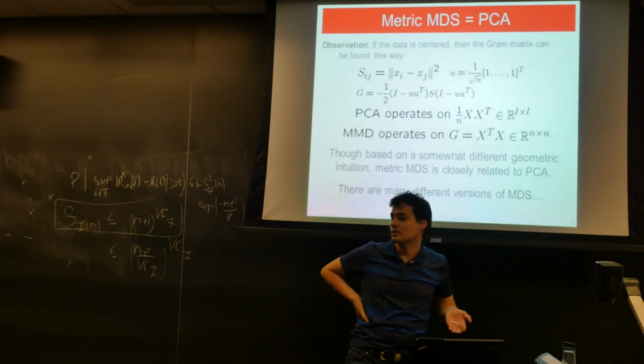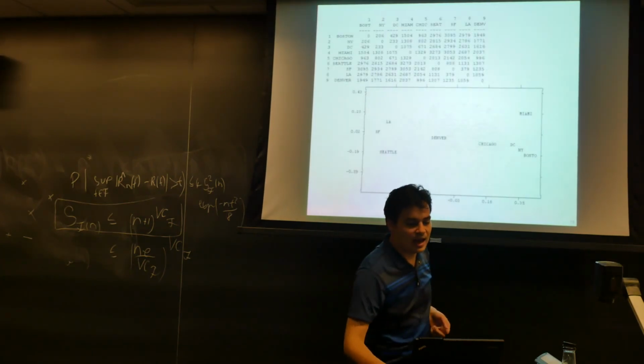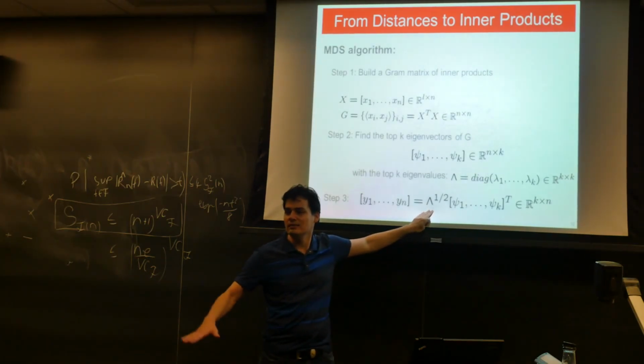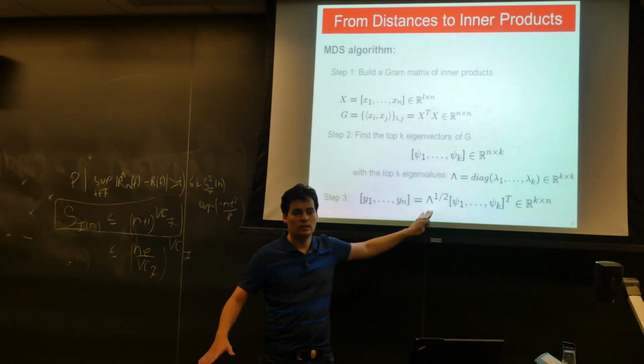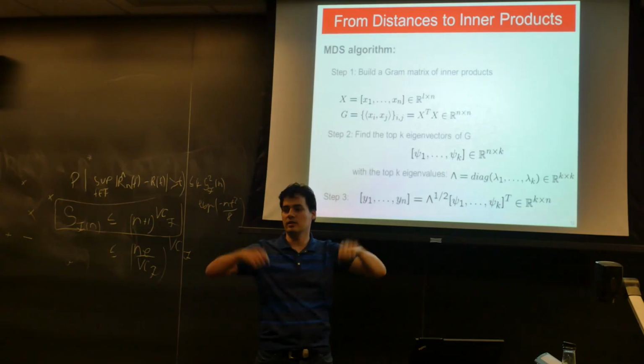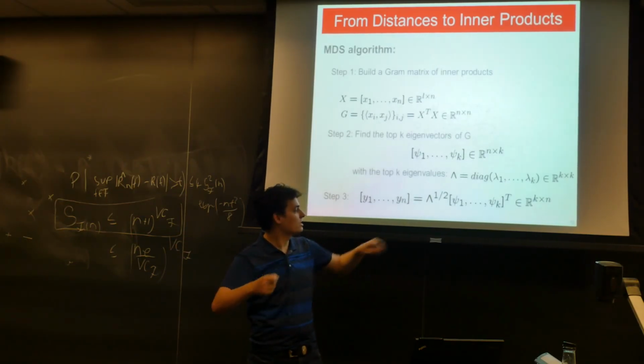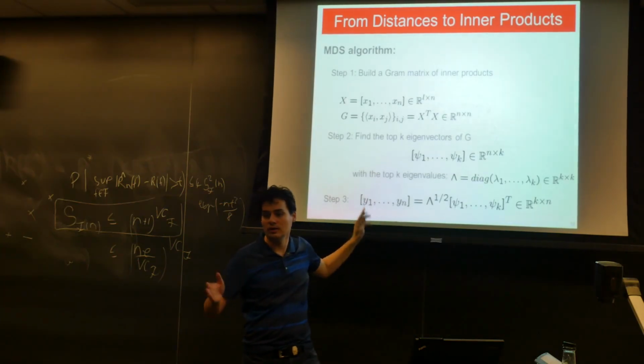We want to find the eigenvectors of this matrix. Is it clear what we do? It shouldn't be clear why exactly we do that, but the algorithm should be clear. From the distances, you calculate these inner products. From this inner product matrix, you calculate the eigenvectors and eigenvalues. Using those eigenvectors and eigenvalues, you generate these points, and you are done.